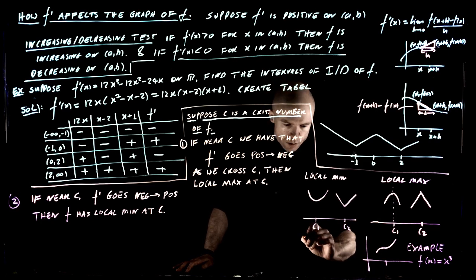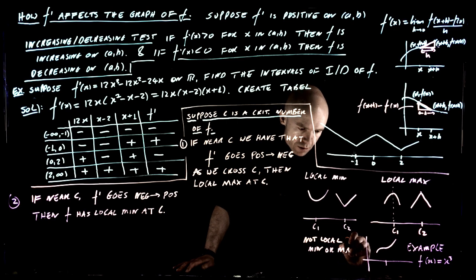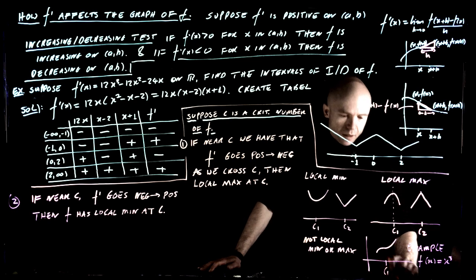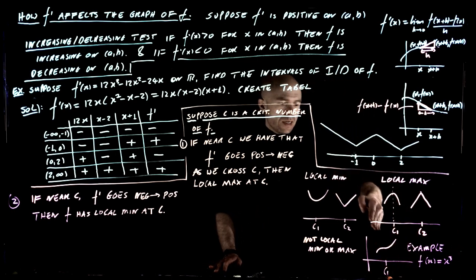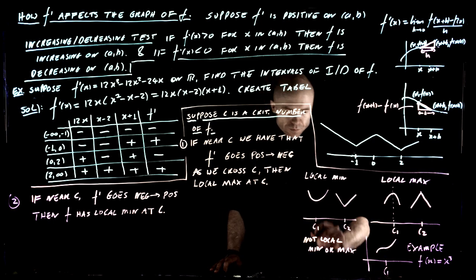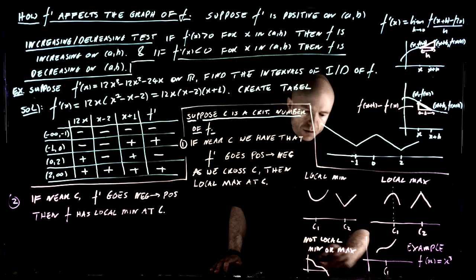So this is not a local min or max. Could be something like this, or it could be something that goes down, flattens out, and goes down again, right? Which would be something like this.